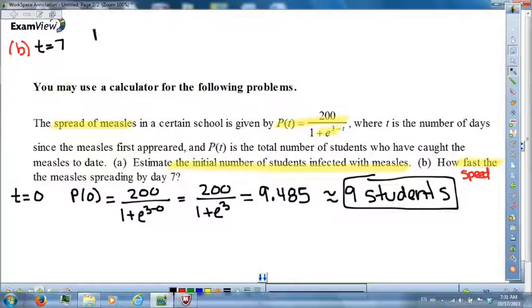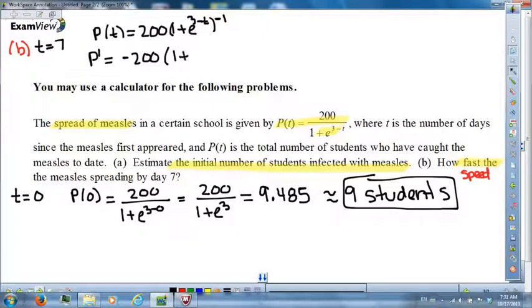So I'm going to rewrite P of t. Since 200 is a constant, I'm not going to have to use the product rule or the quotient rule. So I'm just going to bring 1 plus e to the 3 minus t, to the negative 1, up. So I'm going to take the derivative. My derivative is going to be negative 200.